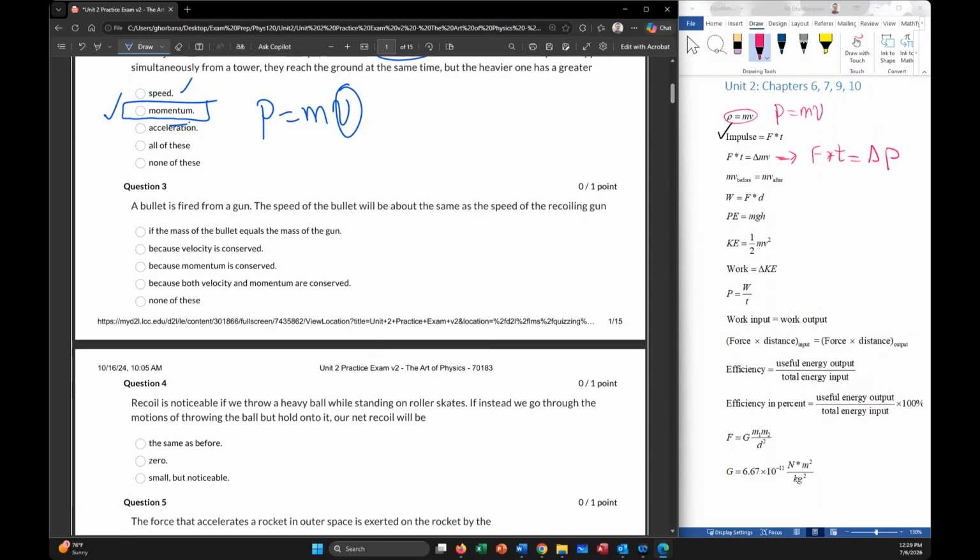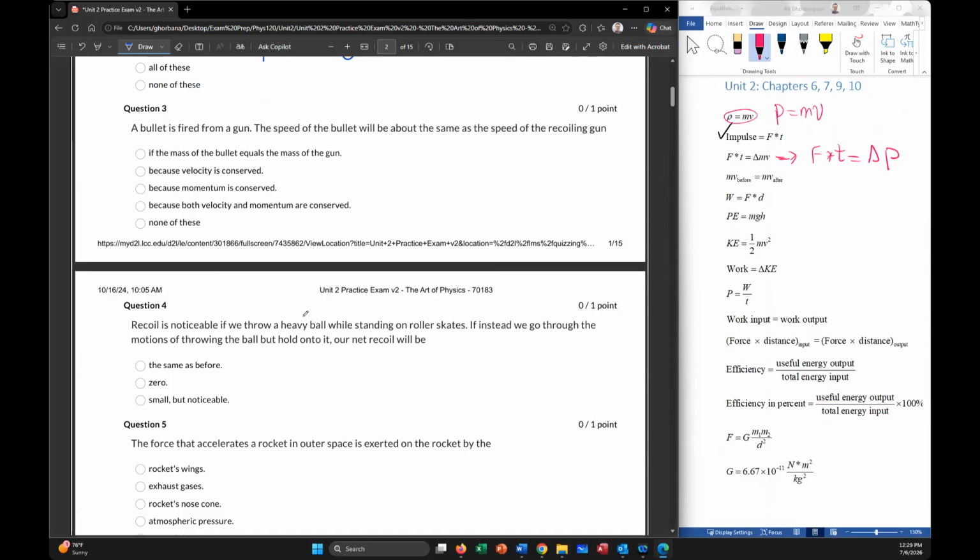Okay. Question number 3. A bullet is fired from a gun. The speed of the bullet will be about the same as the speed of the recoiling gun.